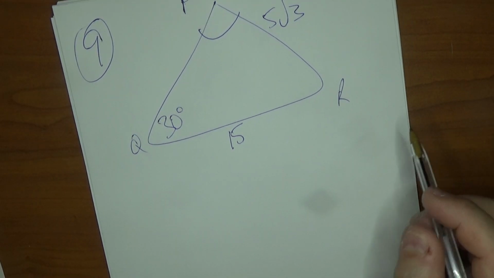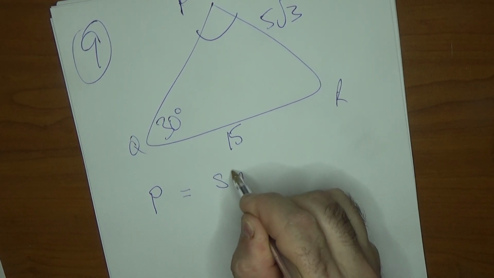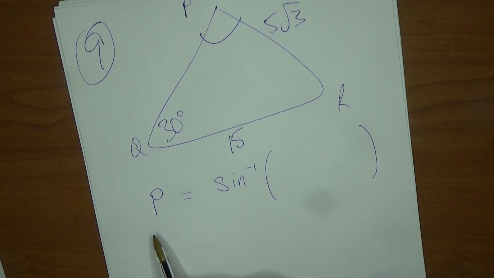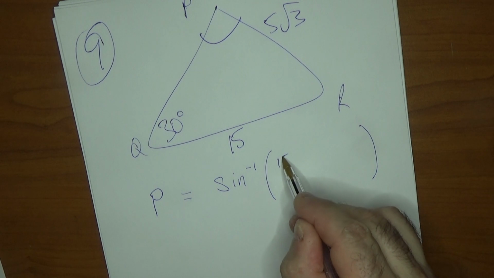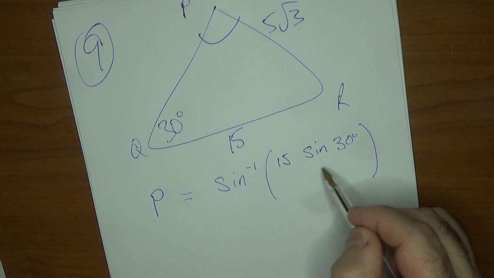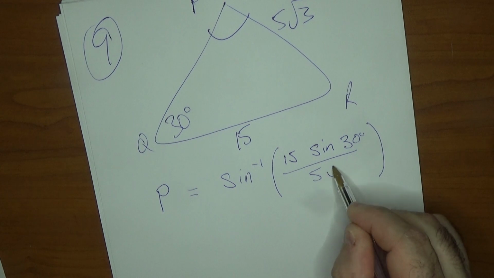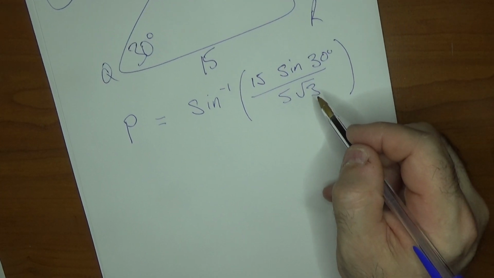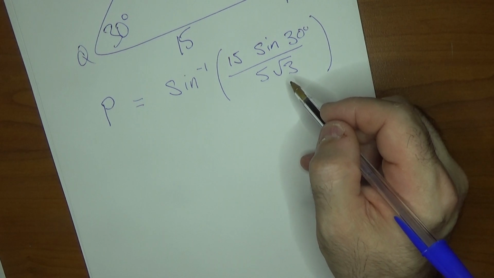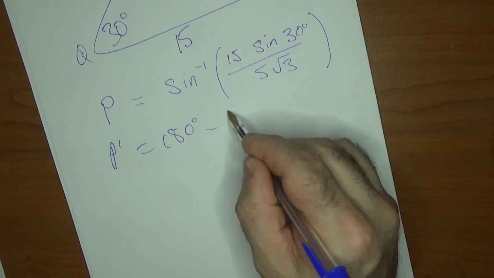Okay, so let's see if we can speed things along here. Let's go P equals inverse sine of the thing opposite P times the sine of the other angle that we know, divided by the opposite to that other angle. Okay, so let's plug that in the calculator, and then let's just call P prime 180 degrees minus this.